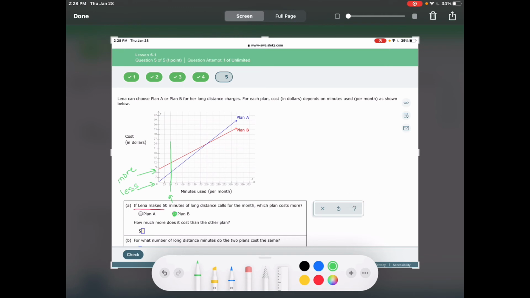And then how much more does it cost than the other plan? We can look at the difference there between those. Between 6 and 12, it's $6 more.